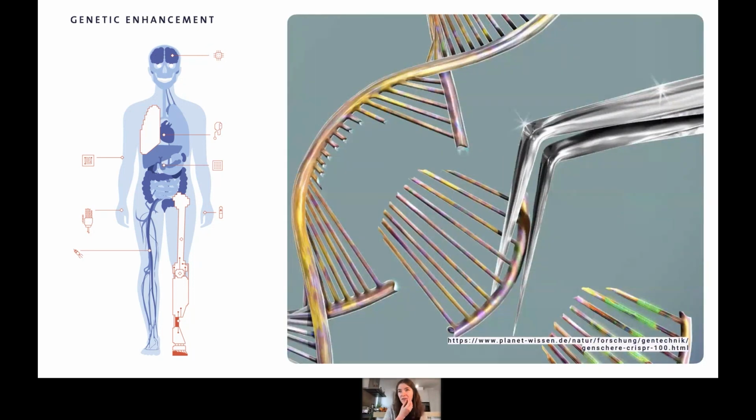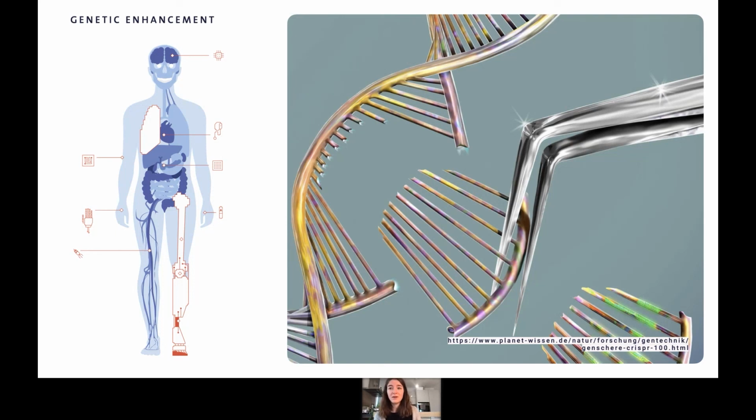And then one part is genetic enhancement. With things like CRISPR and the technology that lets you cut out some unhealthy DNA and cut in some healthy DNA, or change something, research is trying to put together the optimal human.